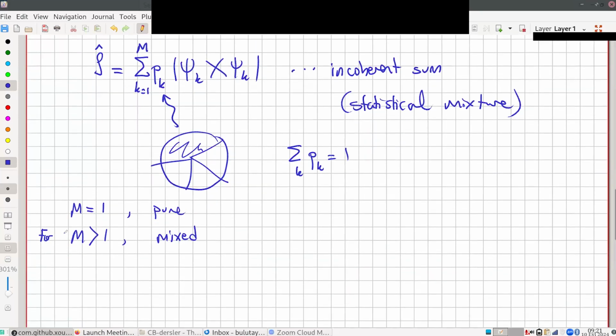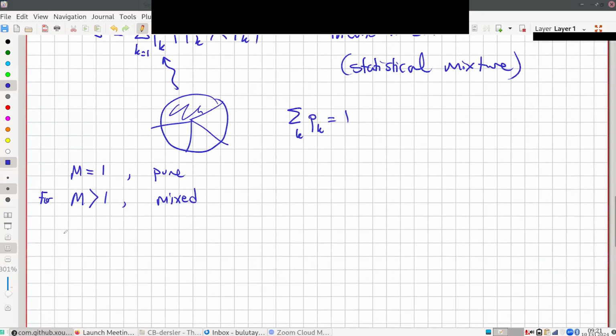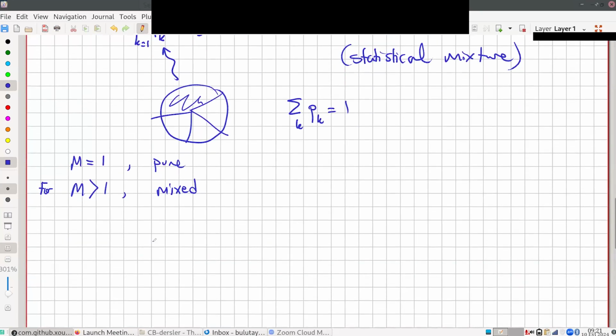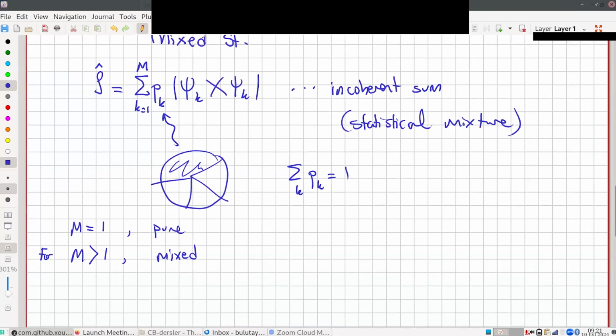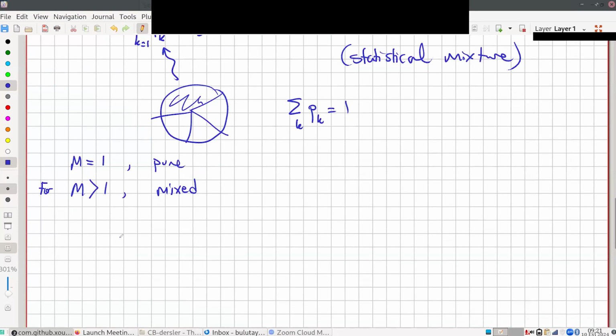Let me just show, this is again something important at the very center of this business, coherence. I want to show you that this is an incoherent sum. A coherent sum is like a superposition principle.